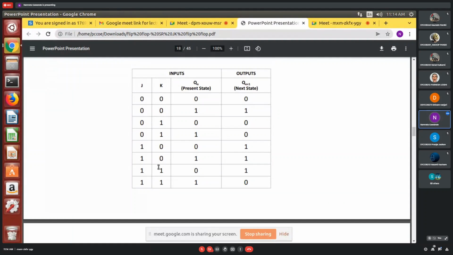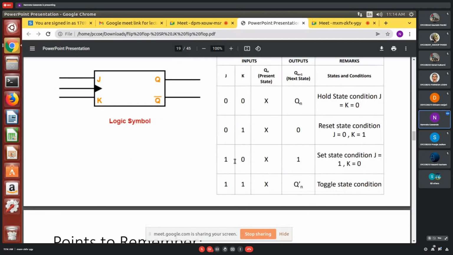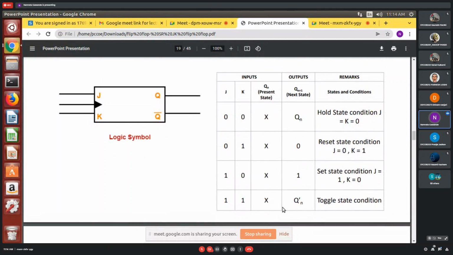See over here, for 1 and 1, if the present state is 0 and 1, the next state you will get is 1 and 0. So this is the toggle state condition that occurs in the JK flip-flop. To overcome the drawback of the invalid state, we are using this JK flip-flop. The rest of the conditions, this complete truth table, are the same as the SR flip-flop.